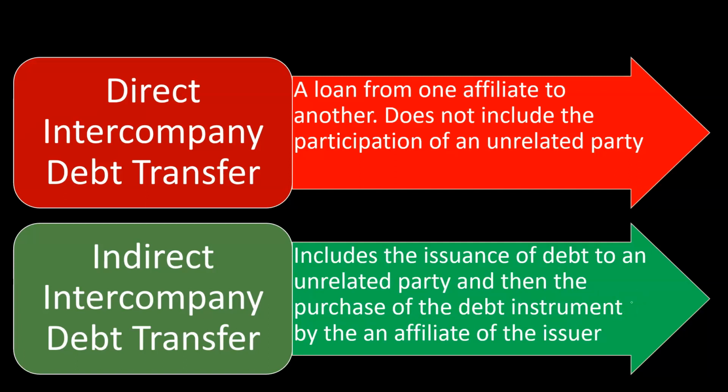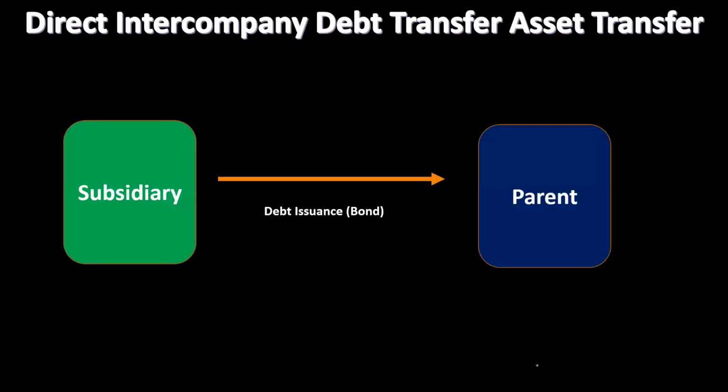If you have the bonds going from one entity to an entity unrelated, so subsidiary or parent issuing bonds to someone who is not a subsidiary or parent, and then later, the related entity, a subsidiary or parent, then purchases that instrument from the third party that was originally sold to. Now you have this indirect intercompany transfer, and that's going to cause a few more problems within our consolidation process.